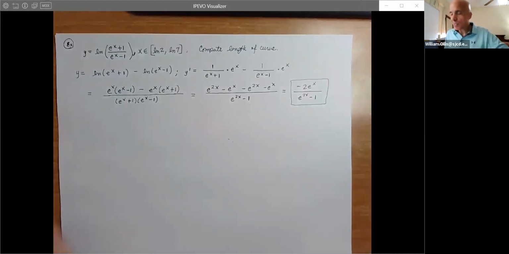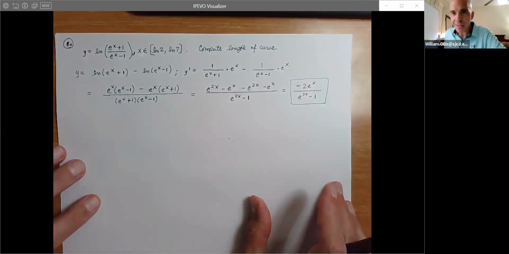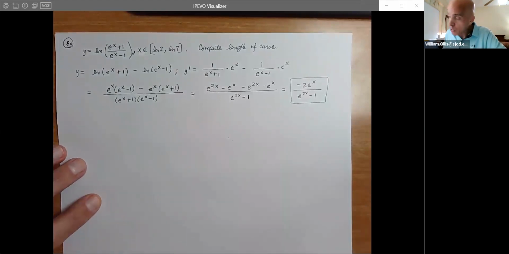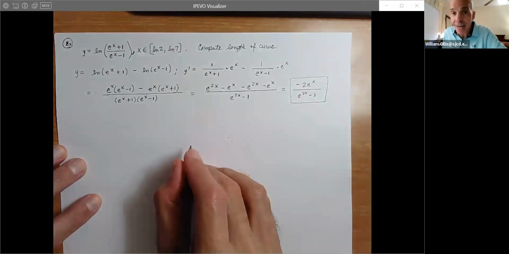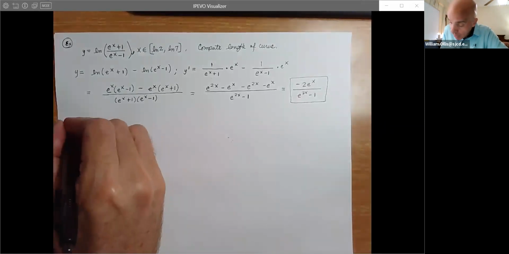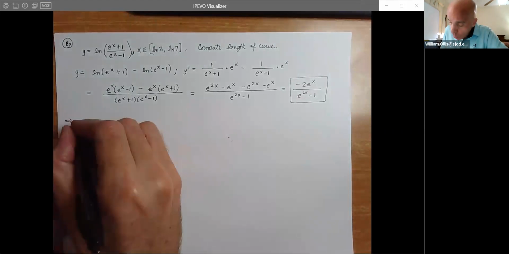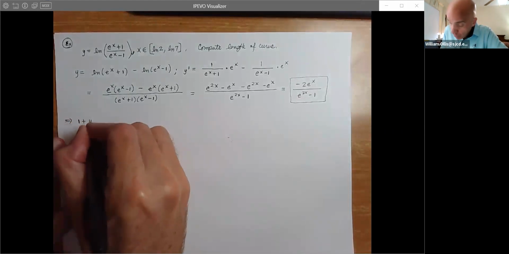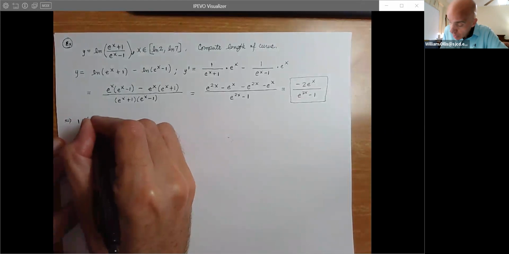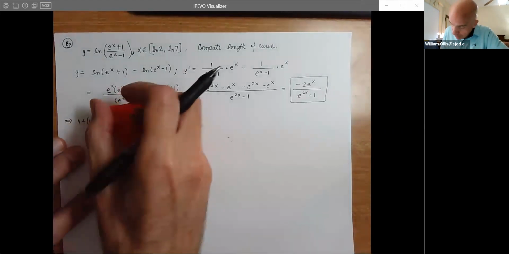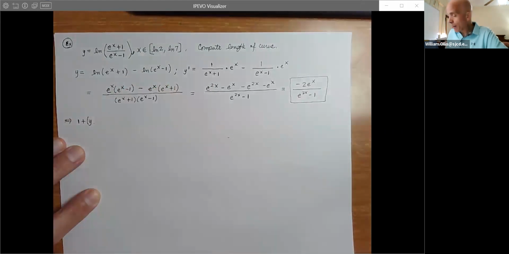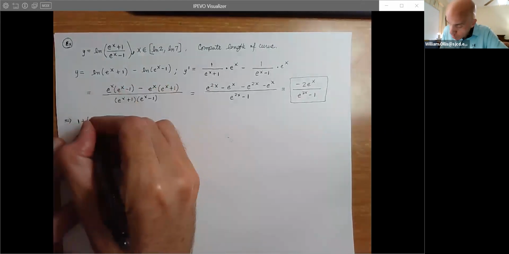So you look at this and say, well, wow, this is plenty of work here. So at least we have an expression that's usable and it's nice and tidy. So now this implies that we can actually compute 1 plus y prime squared. So if we know y prime, we know what this will be.